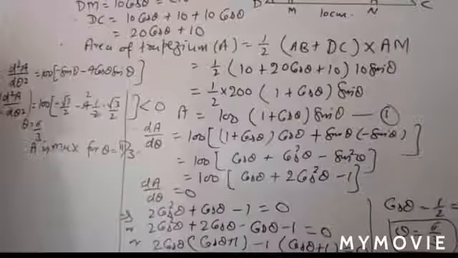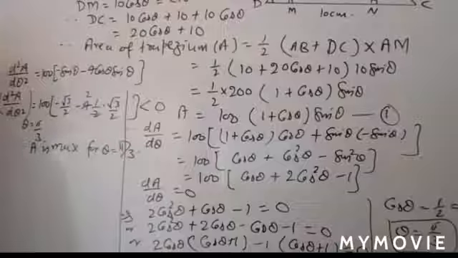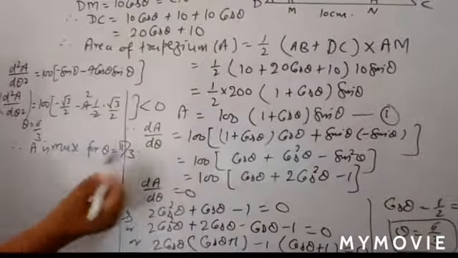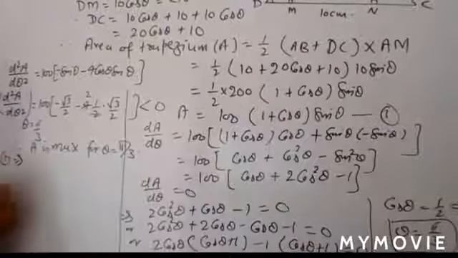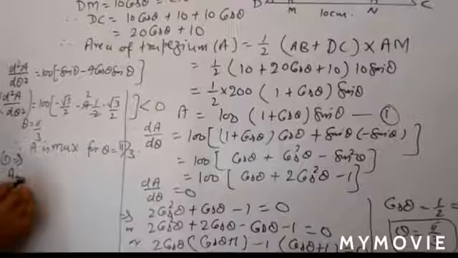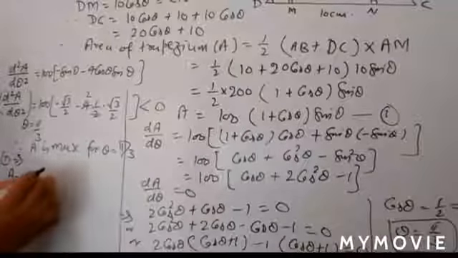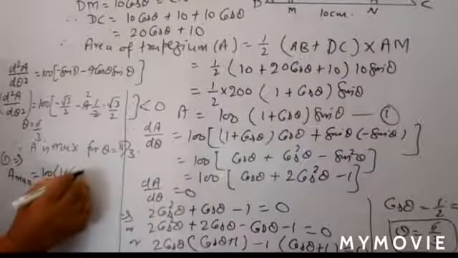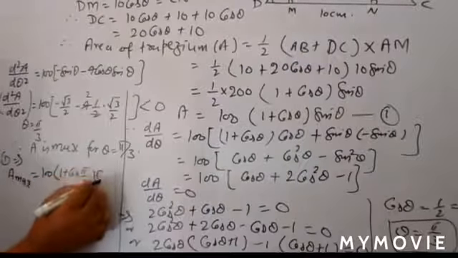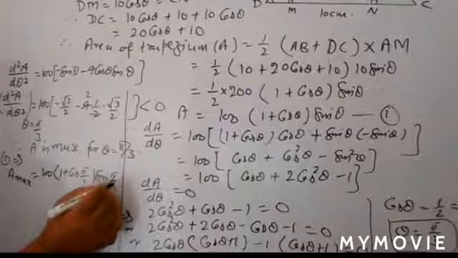And here you have to find the maximum, that means area of trapezium. So you put that value of theta in the first equation. So A max is equal to 100 into 1 plus cos pi by 3 into sine pi by 3.